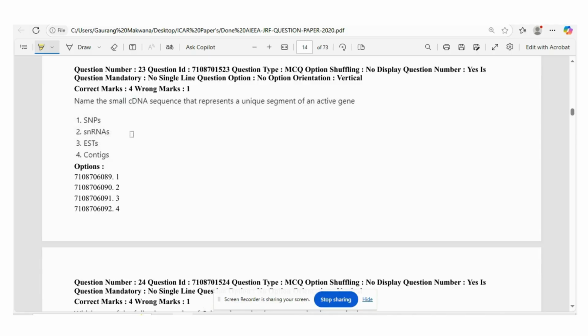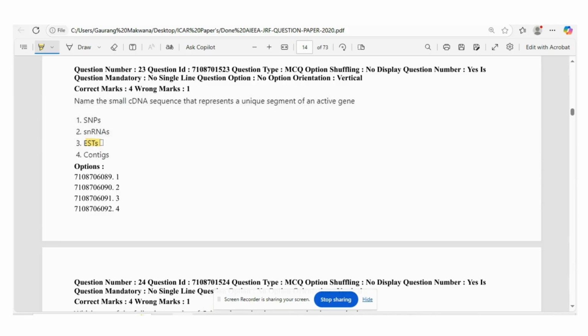Contigs are fragments of DNA made from two or more overlapping sequences. The third, ESTs, is the right answer. EST's full form is expressed sequence tag, a short subsequence of 200 to 800 base pairs generated by sequencing cDNA.